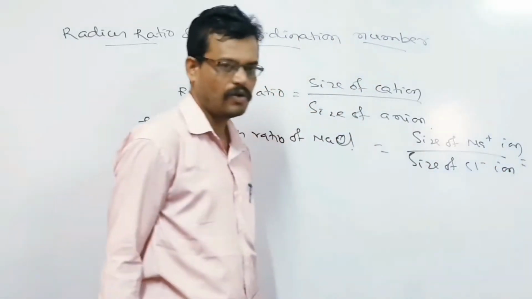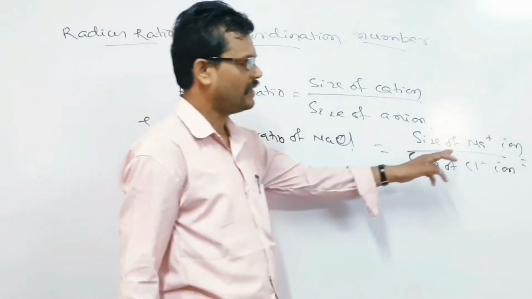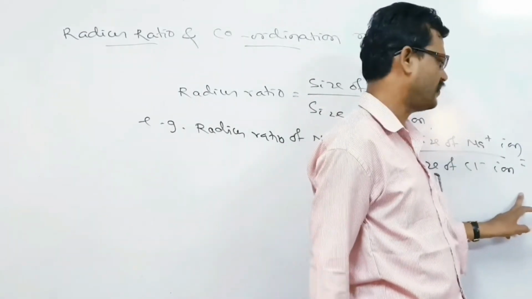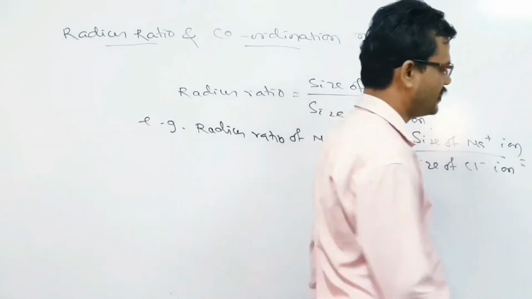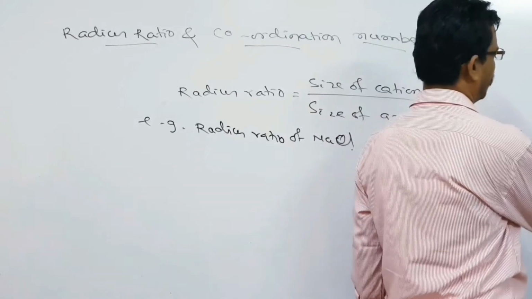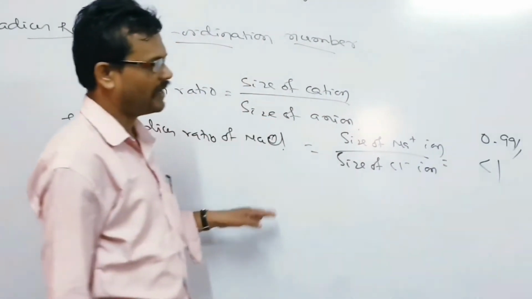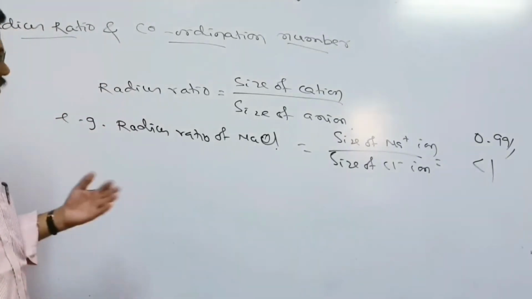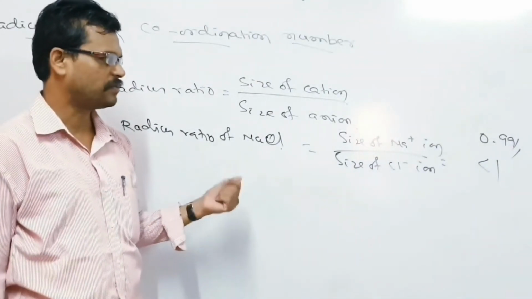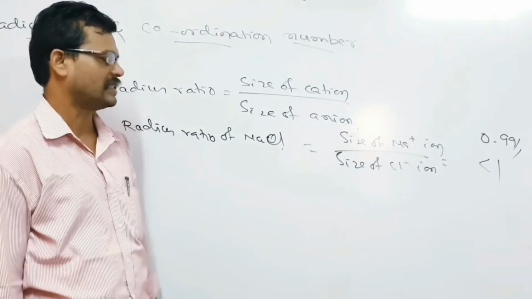As you know, the cation is small in size and the anion is big in size. So the ratio always remains less than 1, or at maximum 0.99. Okay. So 0.99 is the maximum ratio value because the cation size is smaller than the anion size.